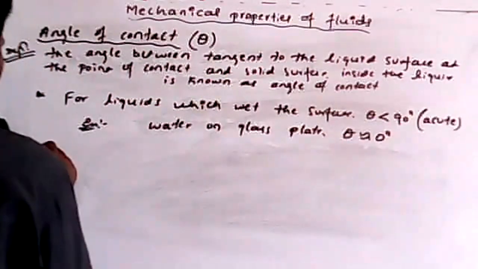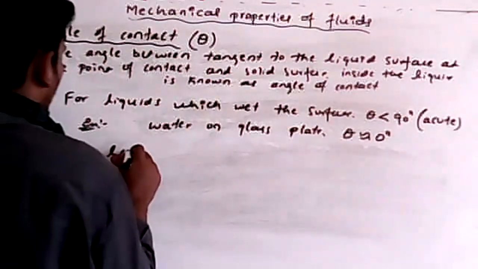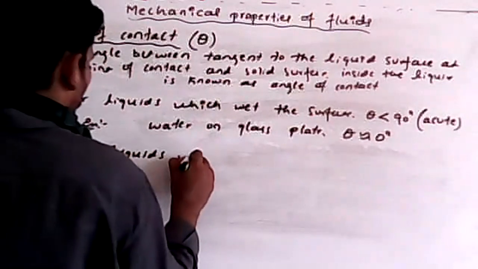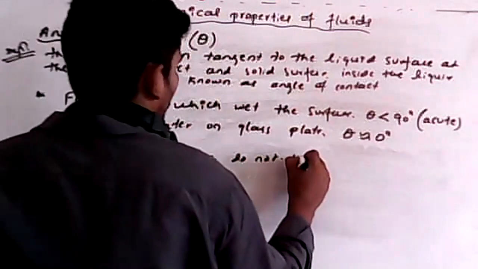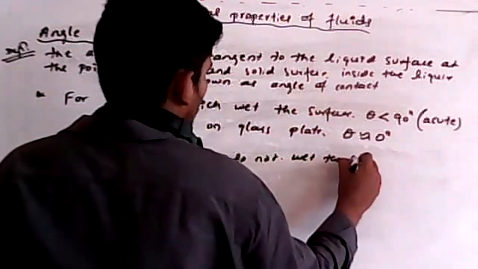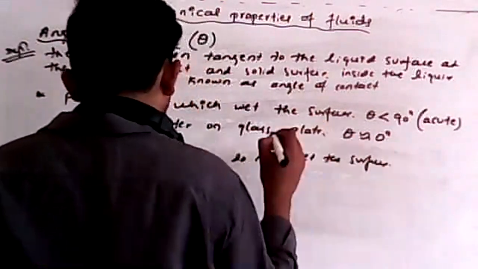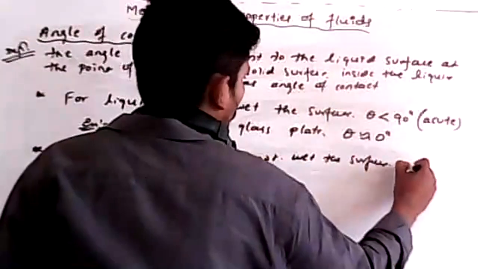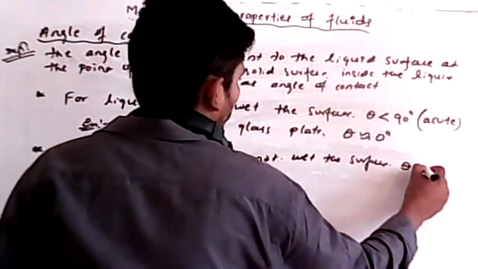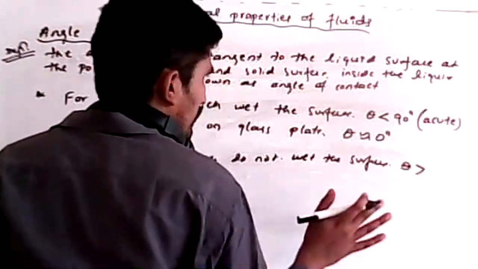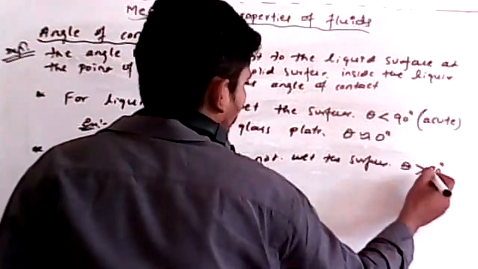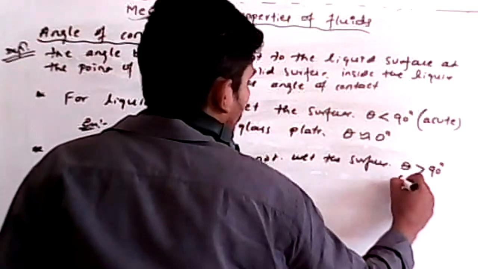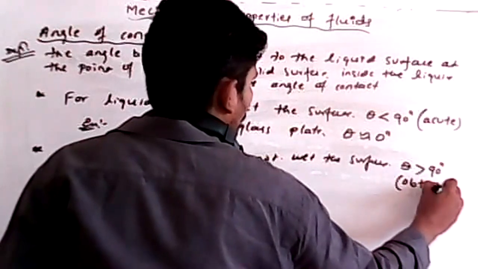Then for liquids which do not wet the surface, which do not wet the surface means what? For example mercury, which does not wet, it will not stick. Then theta will be greater than 90 degree, so it is called obtuse.